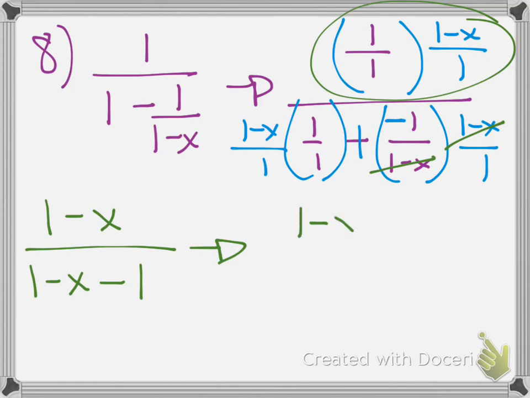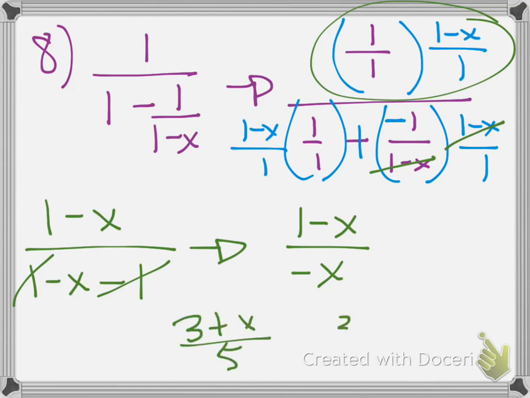In my numerator, I have 1 minus x. In my denominator, the 1's eliminate, so all I have is negative x. Now I'm going to write these separately, like if I had 3 plus x over 5, I could write that as 3/5 plus x over 5.